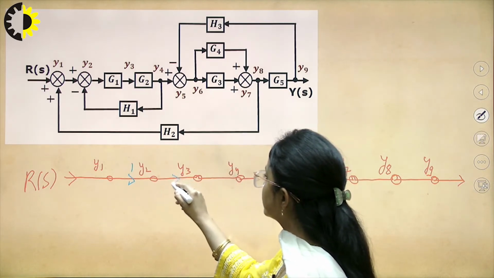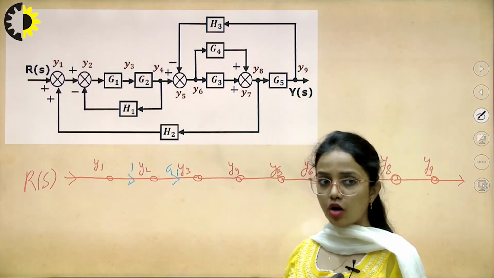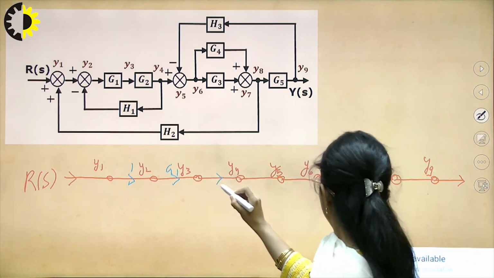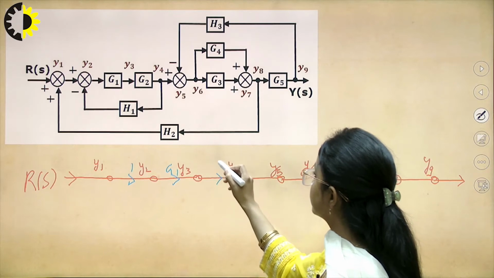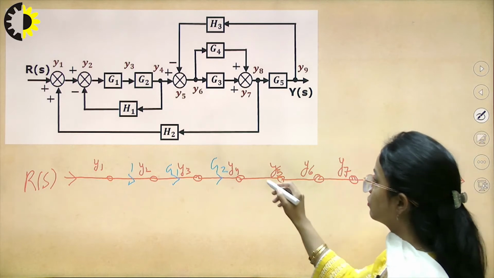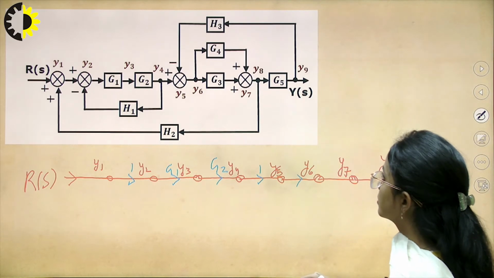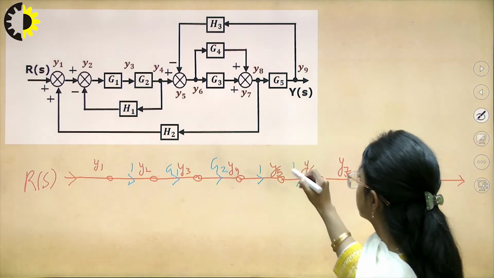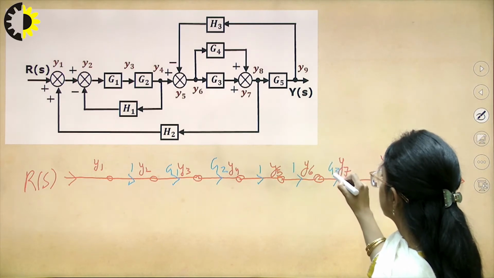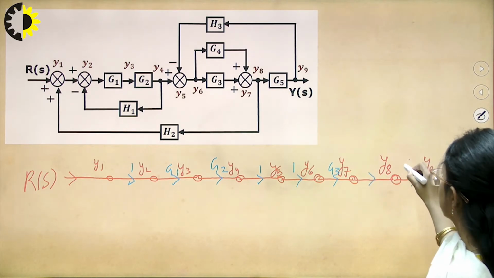Here we will write the gain term just on the top of the arrow. y3 to y4 we have g2, then y4 to y5 we have 1, then 5 to 6 we have 1, 6 to 7 we have g3, 7 to 8 we have 1, 8 to 9 we have g5.